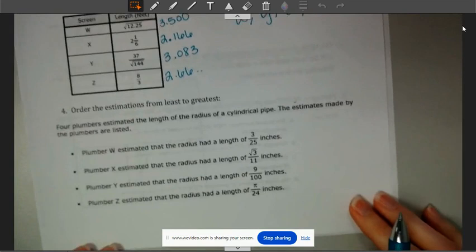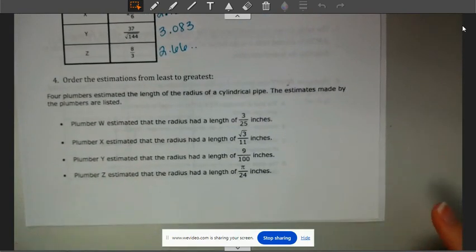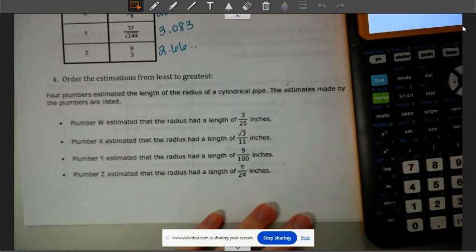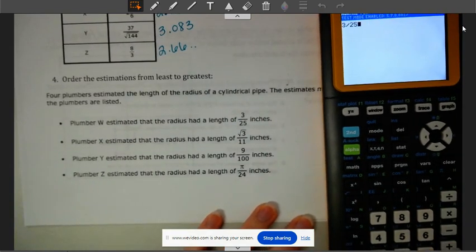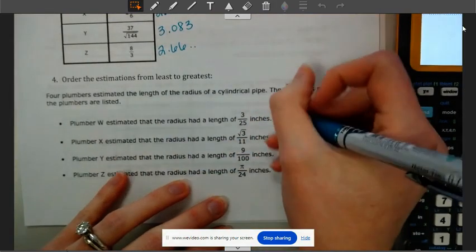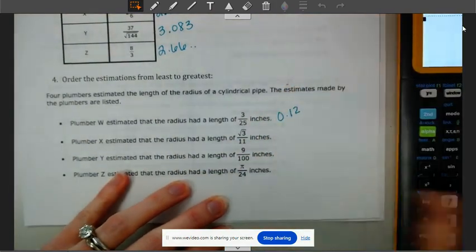Okay, number 4 is kind of a similar thing. We're going to order the following from least to greatest. Again, I want to go ahead and change these all to decimals. So we're going to start with the fraction. We have 3 divided by 25. That gets me a decimal of 0.12.